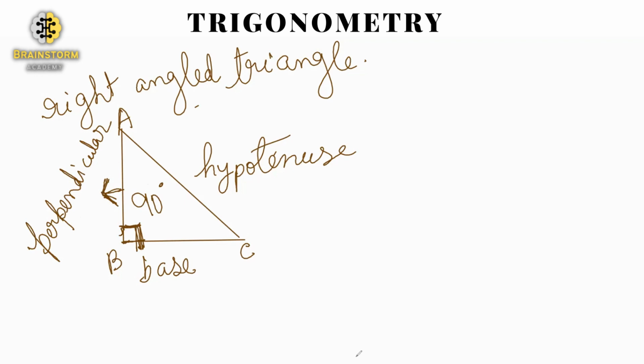So we have successfully named the three sides of a triangle. Now this hypotenuse will never change. The hypotenuse will always be the line segment which is opposite to the right angle. Always remember this. Only the base and perpendicular may keep changing.